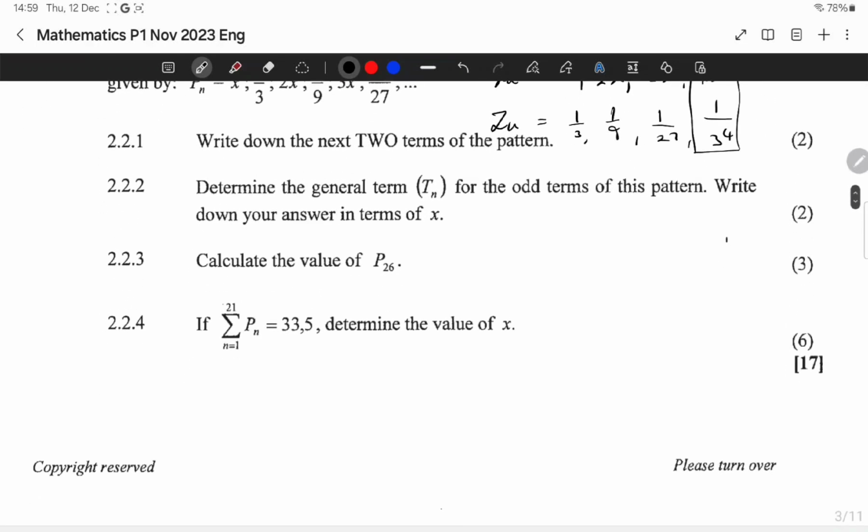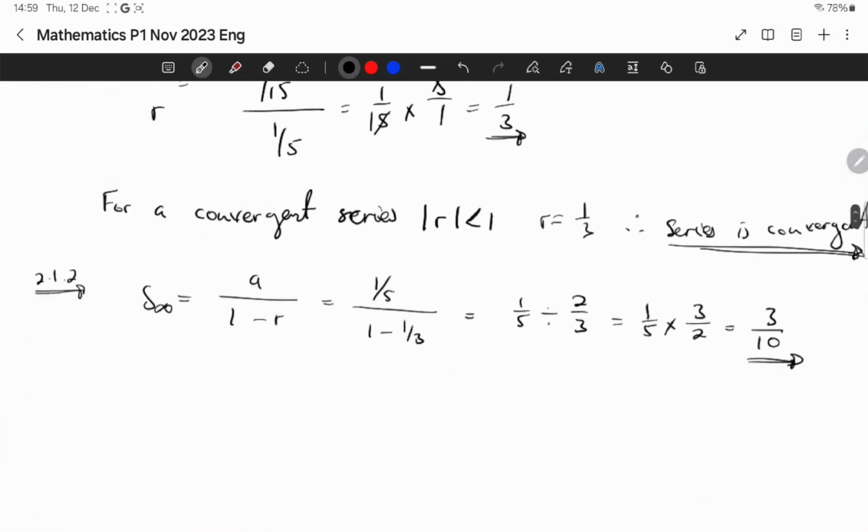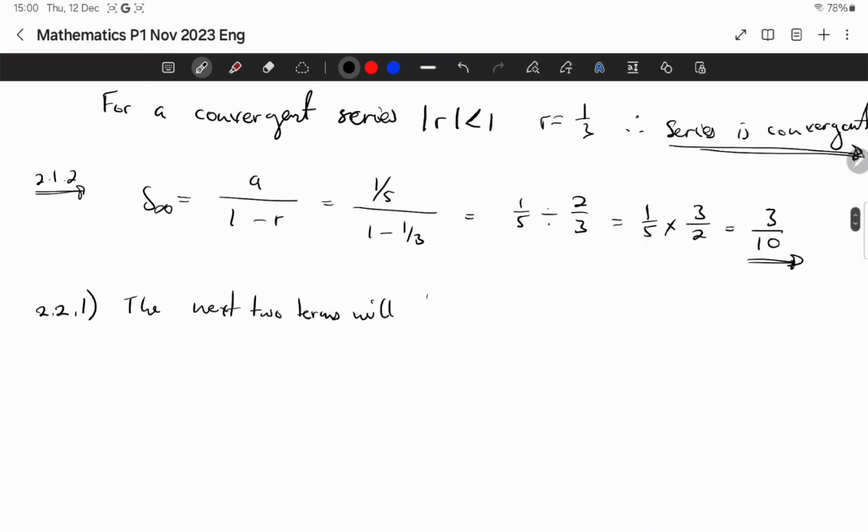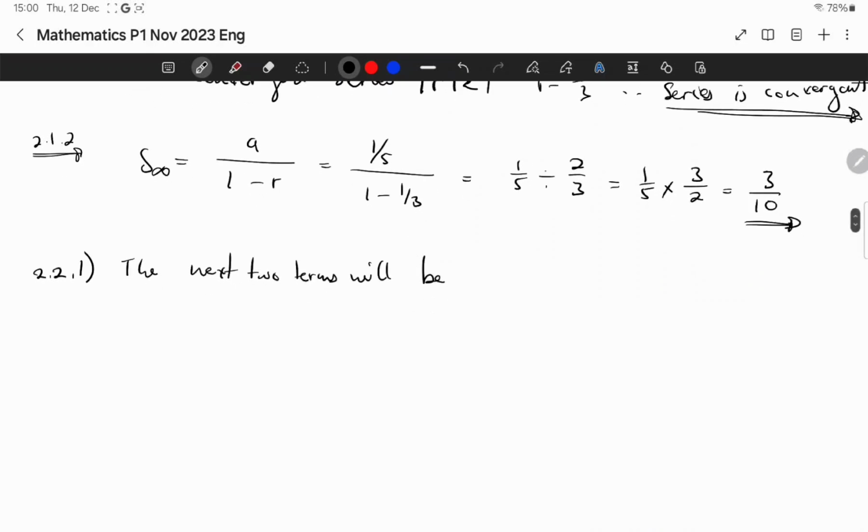So here we know that, for 2.21, the answer will be: the next two terms will be, you don't have to write this out, it's just for the purposes of the video, 4x and 1 over 3 to the power 4.